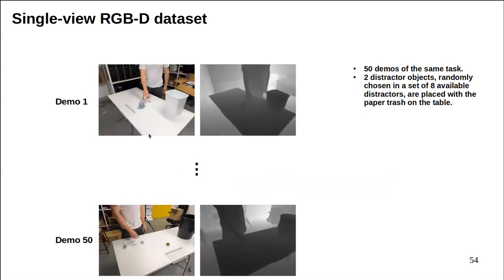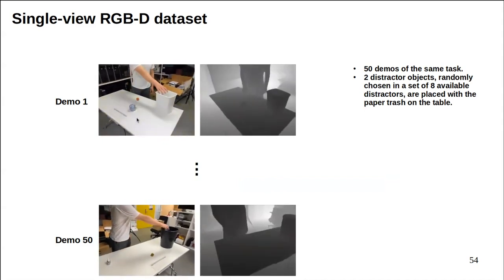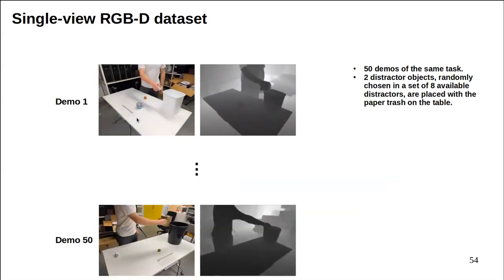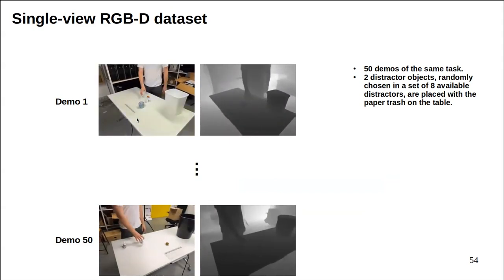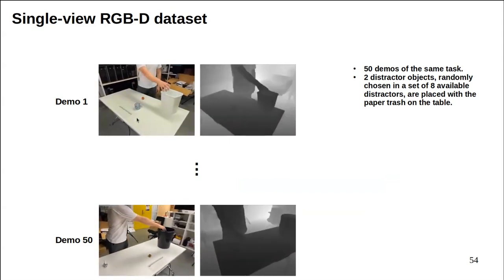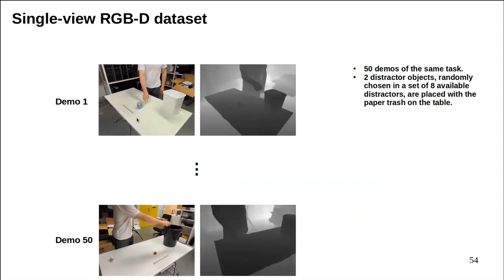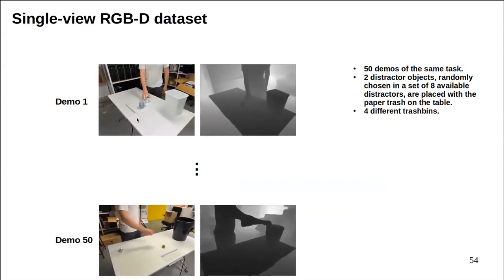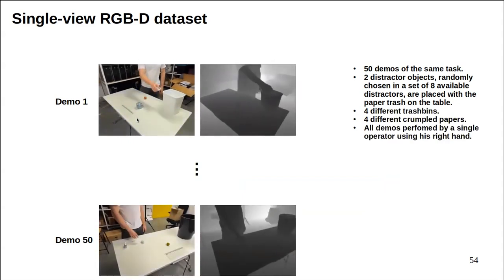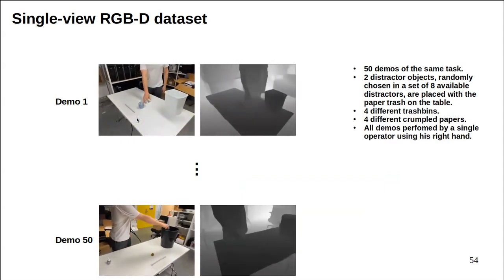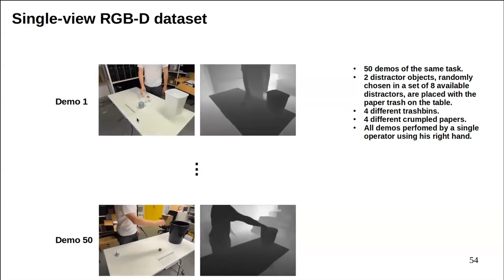But the table will always be presented with 4 objects: the trash bin, the paper trash, and 2 distractors. The operator should not manipulate the distractors. He should always take the paper trash and put it in the trash bin. In these demonstrations, we have 4 different trash bins, 4 different crumpled papers, and all the demonstrations were performed by a single operator using his right hand.